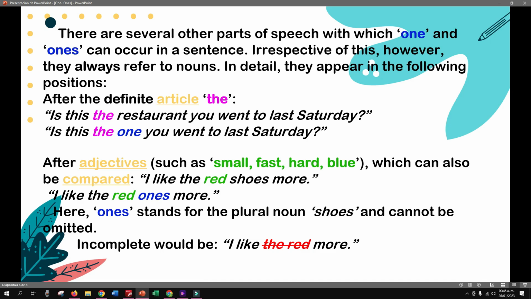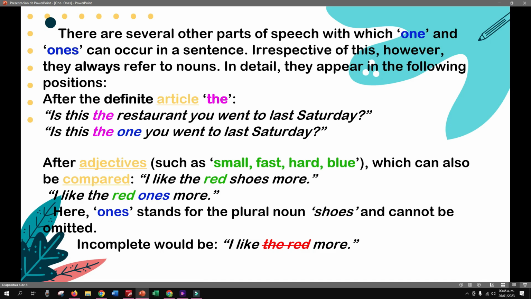Yes. Also it says after adjectives. Which are the adjectives? The words that describe nouns, people, places, etc. Right? Such as small, fast, hard, blue, the colors, etc. Which can also be compared. For example, I like the red shoes more. What is red there? That is an adjective. You are describing what?